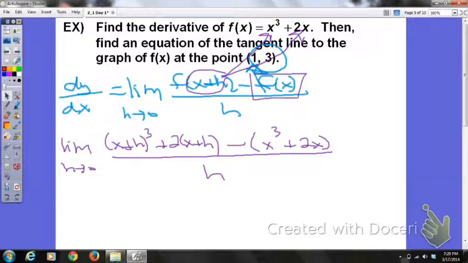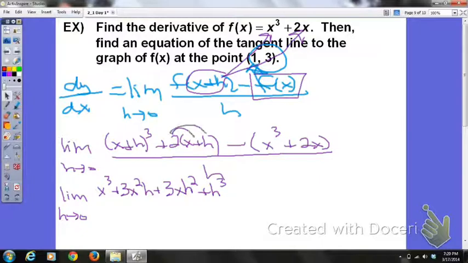So now we need to do some distributing. We have to multiply some things out in order to clean up, hopefully, factor and cancel out that h in the denominator that has a problem. So the limit as h approaches 0. If you cube x plus h, you will end up with x cubed plus 3x squared h plus 3xh squared plus h cubed.